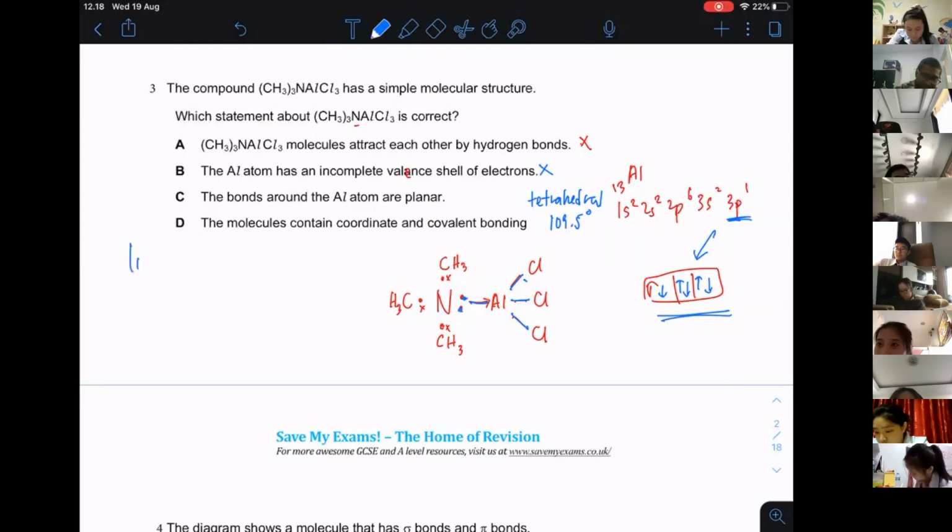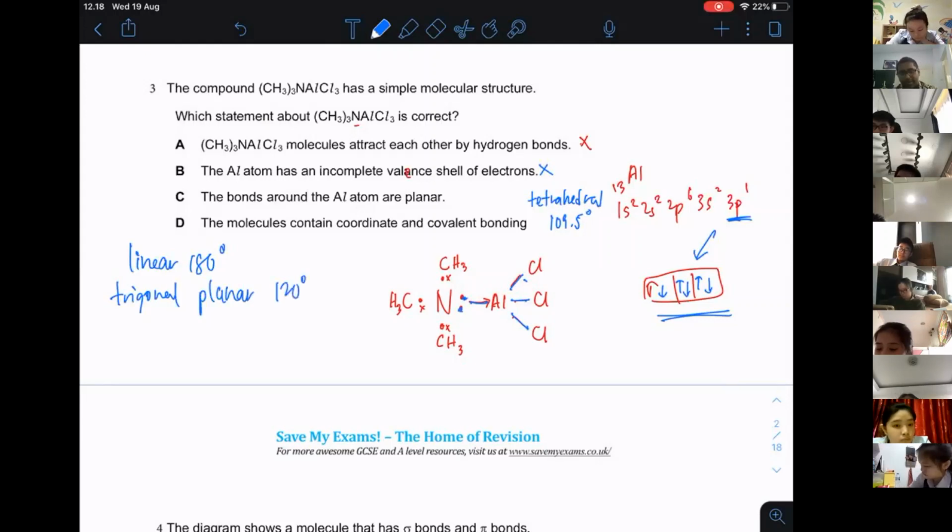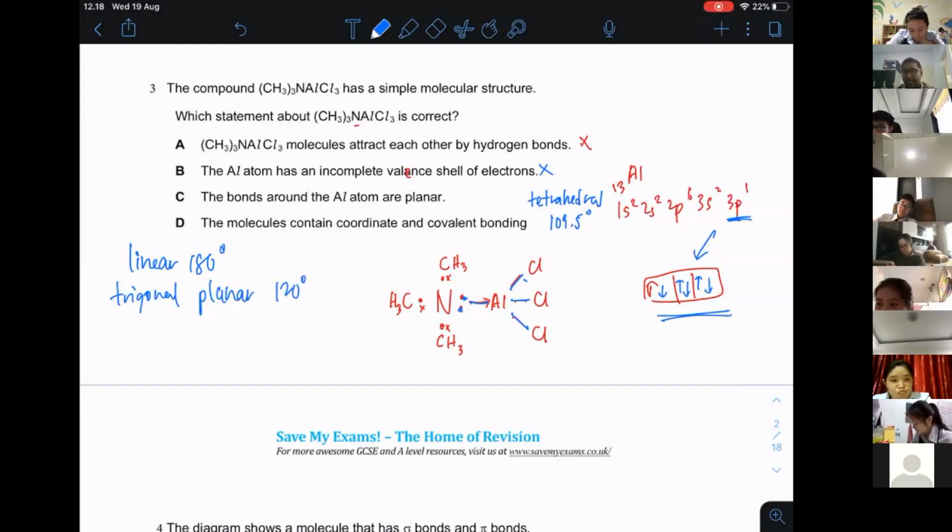It can be linear, 180 degrees, or trigonal planar, which is 120 degrees. Planar means it can be formed on one piece of plane, or one piece of paper. It's a single plane. But the moment they have 4 bonds, they are considered non-planar. So that one is also wrong.